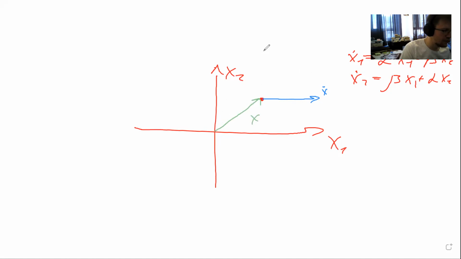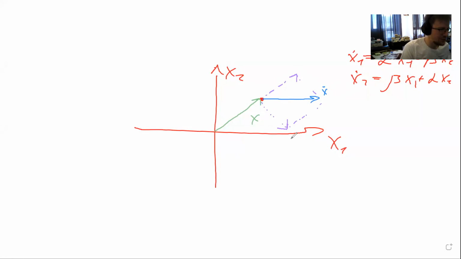So we can have, as I said, a decomposition of this vector into two components: a parallel component to x and a perpendicular component to x. Okay, so this component only rotates x. What do I mean the component rotates x? Well, this is still x dot, right?